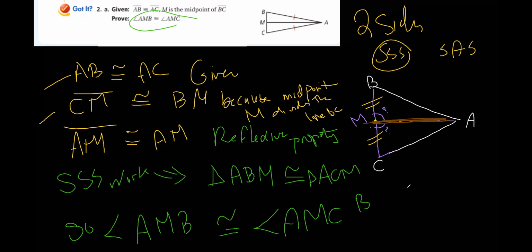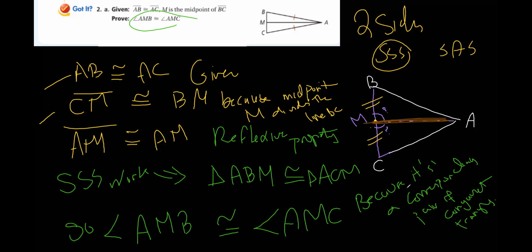Because they are a corresponding pair of congruent triangles. Is it clear now? A corresponding pair of congruent triangles. Okay.